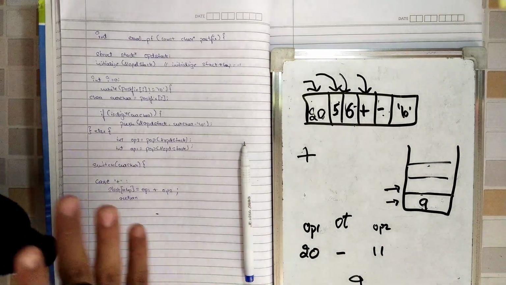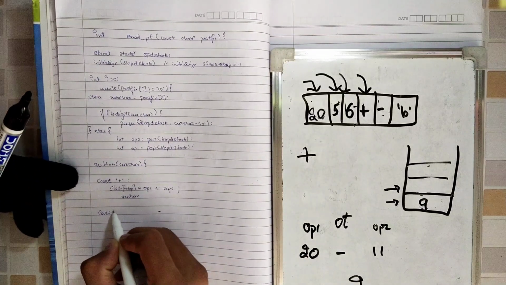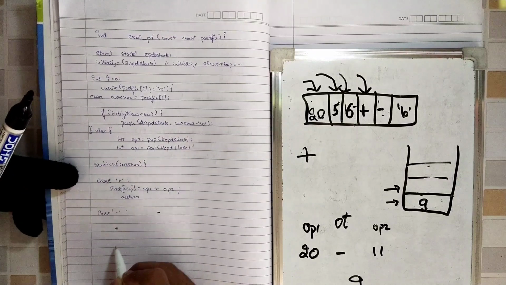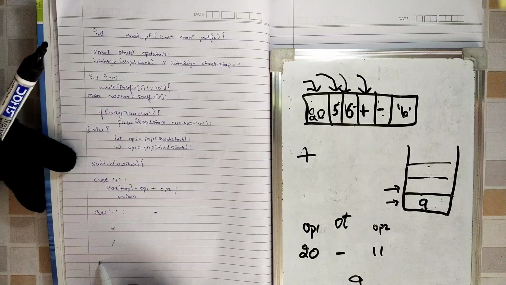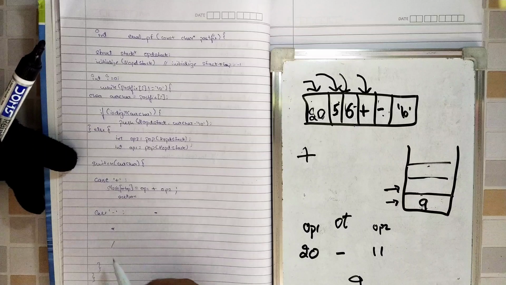After finishing everything, here case minus, then case star, then division. These many things you do, after closing this switch statement, and the else part is over.